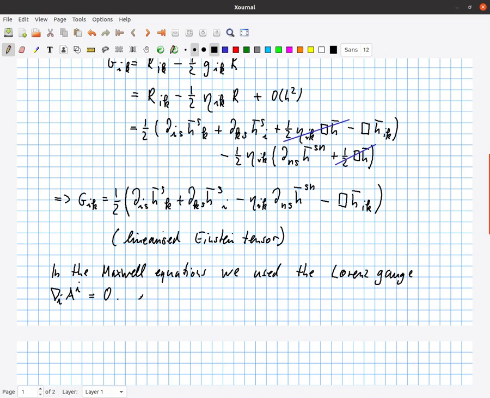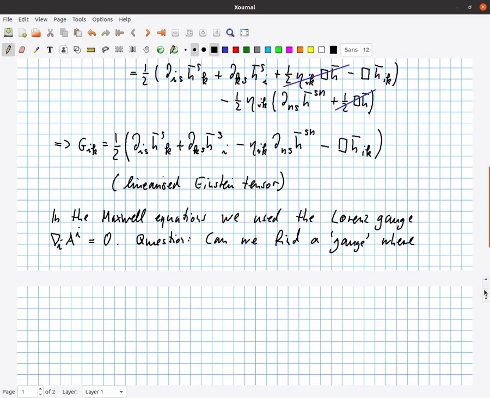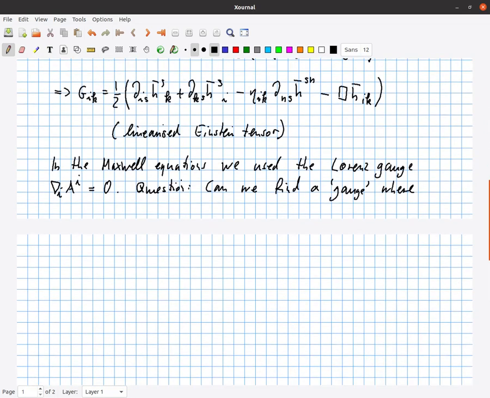Question: can we find a gauge where partial h, I give it a free index we haven't used, A, is 0?